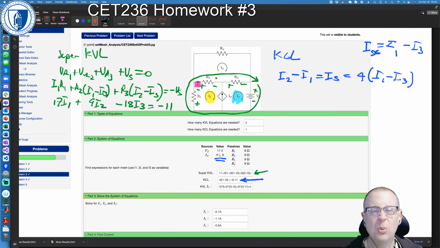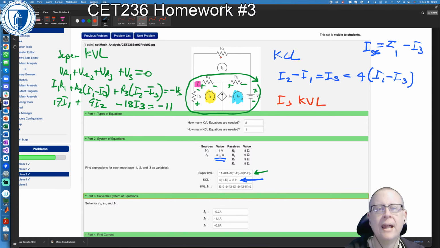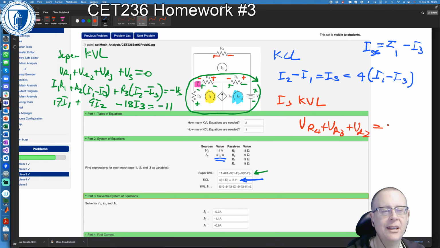And then the last one is the I3 mesh. So the I3 KVL equation, back to Kirchhoff's voltage law. And there, let's just put some polarities on there. So that's going to be VR4 plus VR3 plus VR2 equals 0.